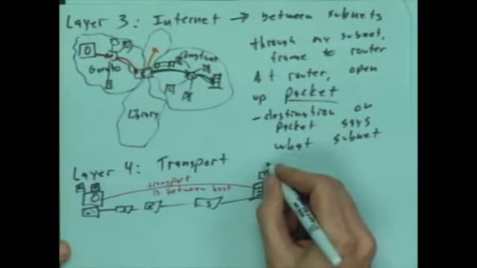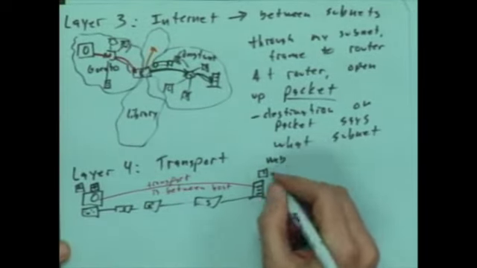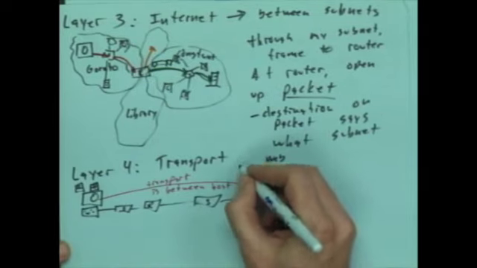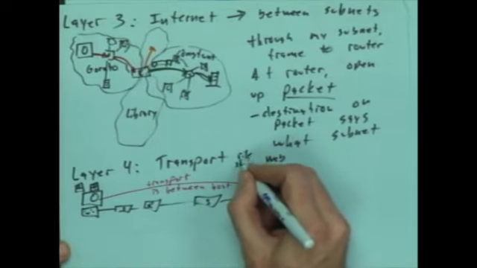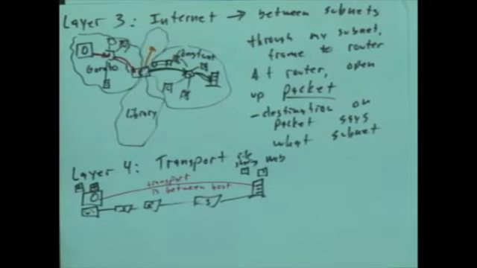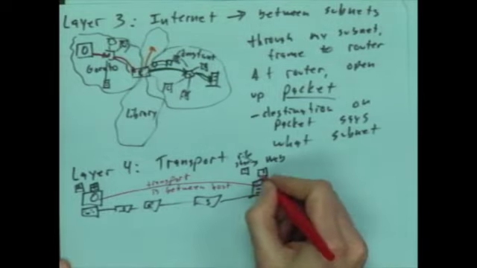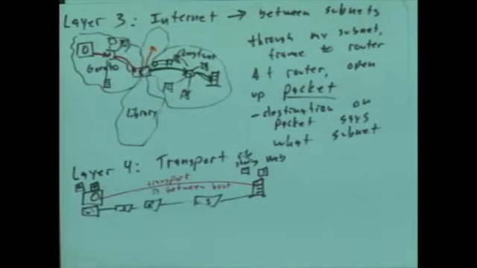On a server, I can run web, and I can run, for example, file sharing at the same time. Do your computers also allow you to run more than one application at once? Yes, they do. The transport layer sorts between the two, or the applications on your thing.